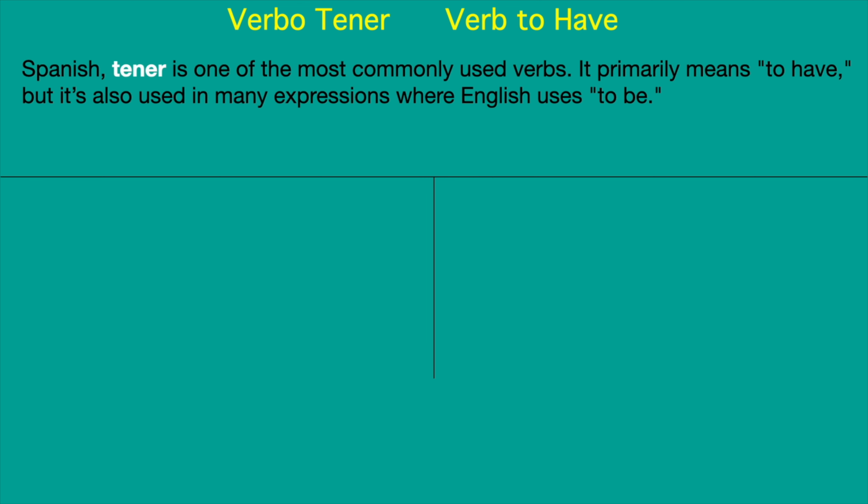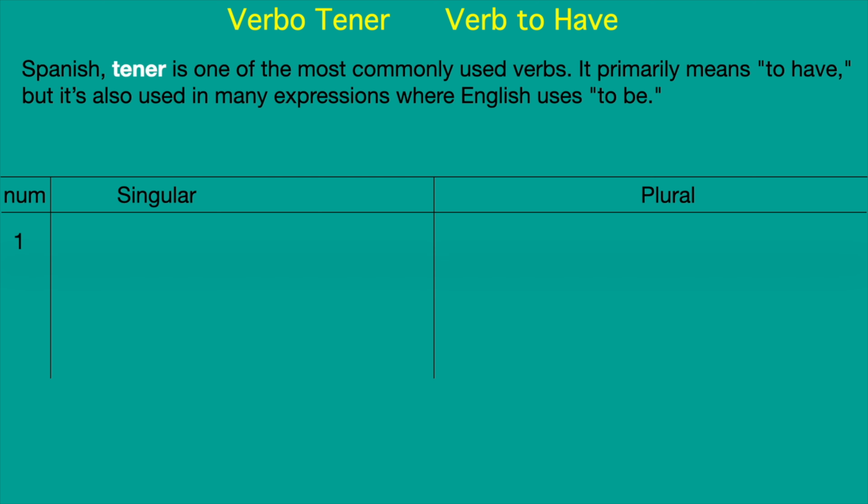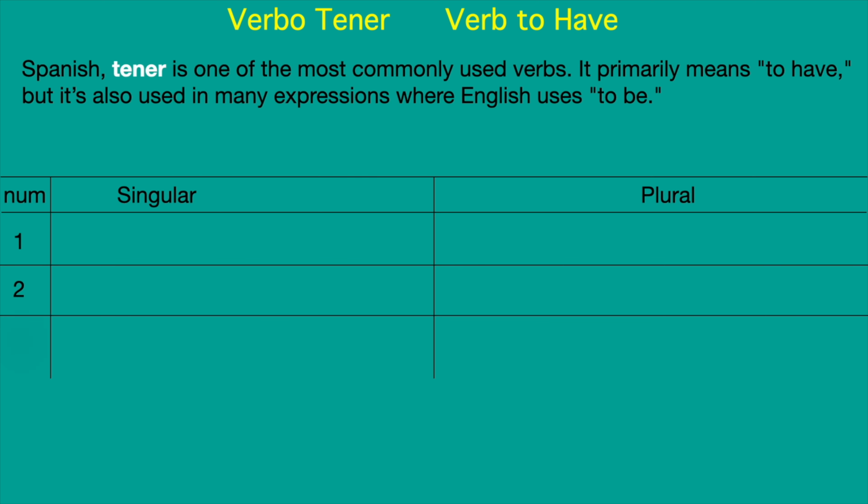So here we have the singular, and we have the plural, and also we are going to have the numbers. This is our little table that will let you know how to conjugate the verb. First we have the first person, the second person, and the third person. In the singular we have yo, I, and then we have tú, you in English.